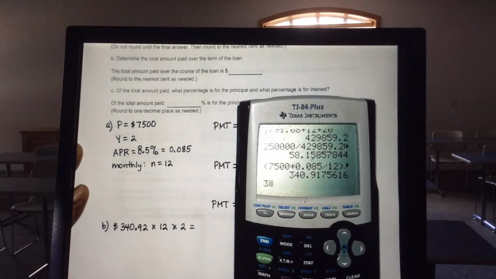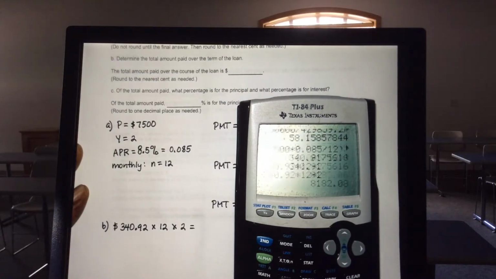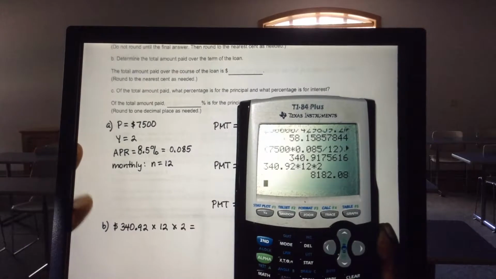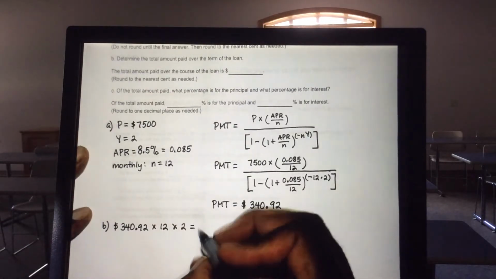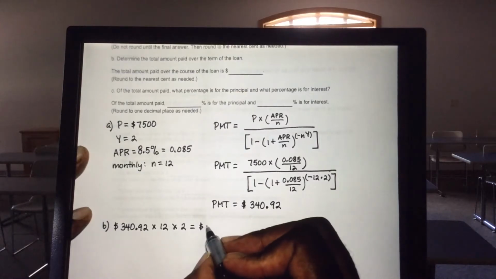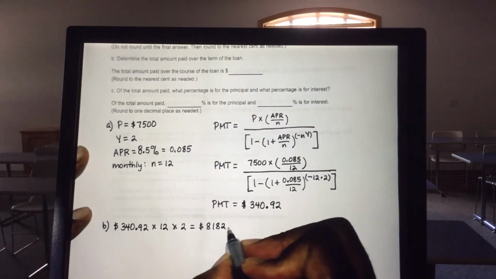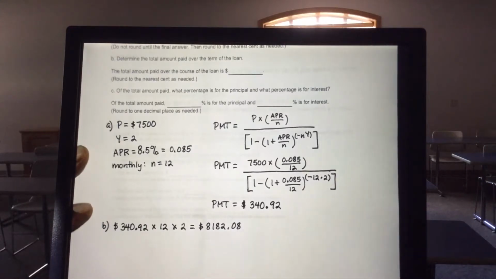So 340.92 times 12 times 2. This would give you $8,182.08. So the total amount paid, and that does include the principal and interest, will be $8,182.08.